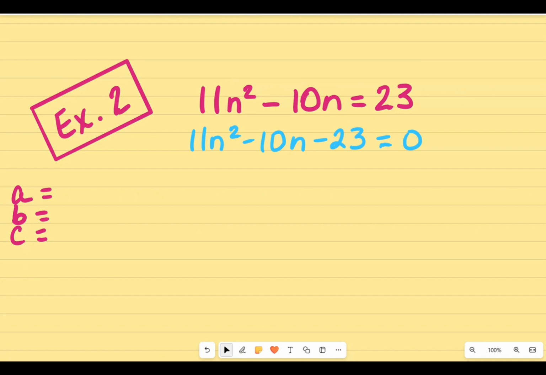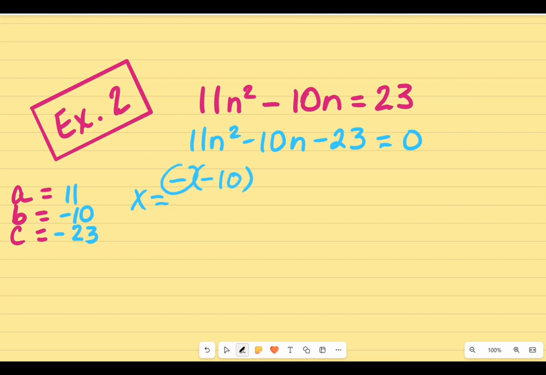And now I just want to identify my A, B, and C. My A is 11. My B is negative 10. My C is negative 23. Once I identify that, all I have to do is put it in the formula. So x is equal to negative B. B is a negative, so keep that in mind.